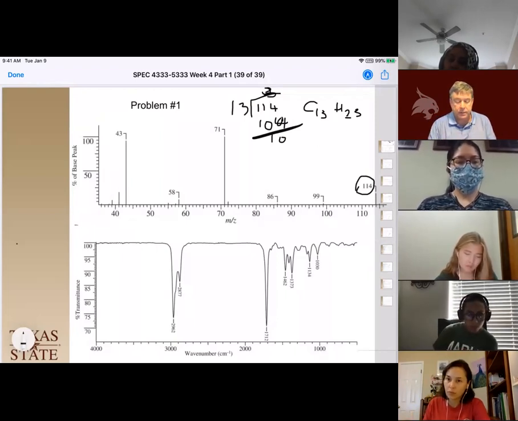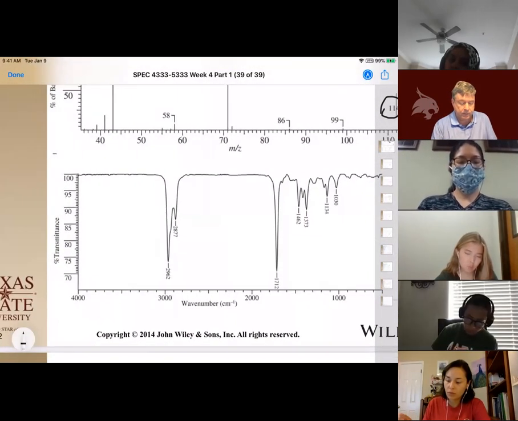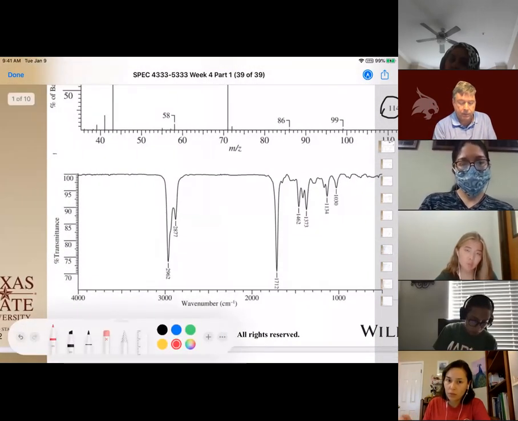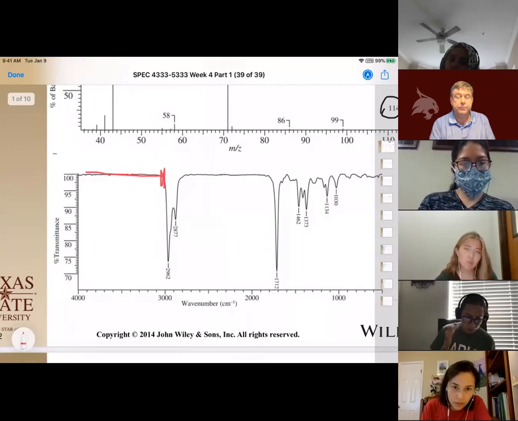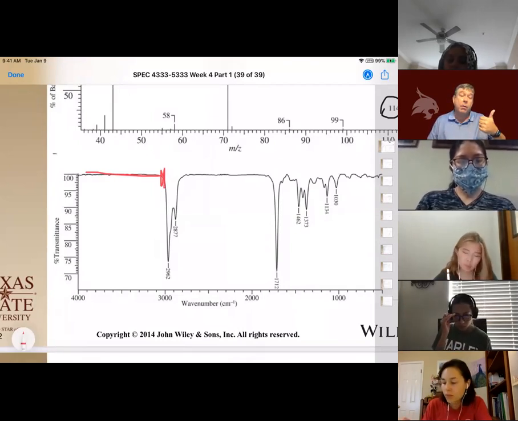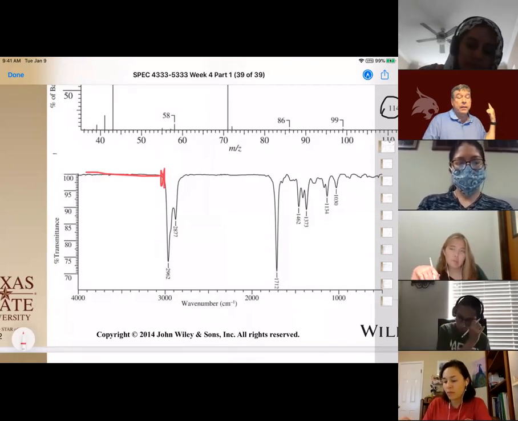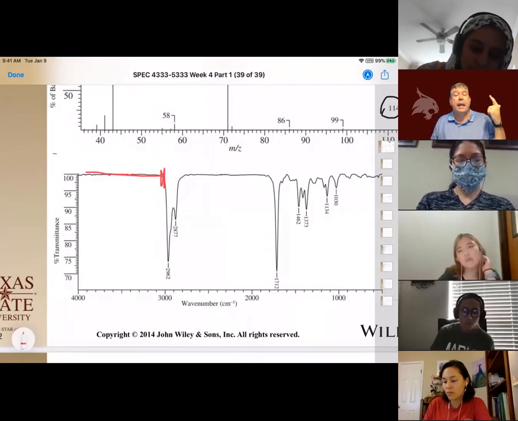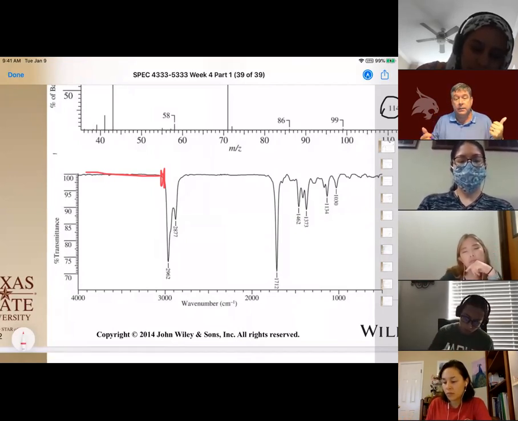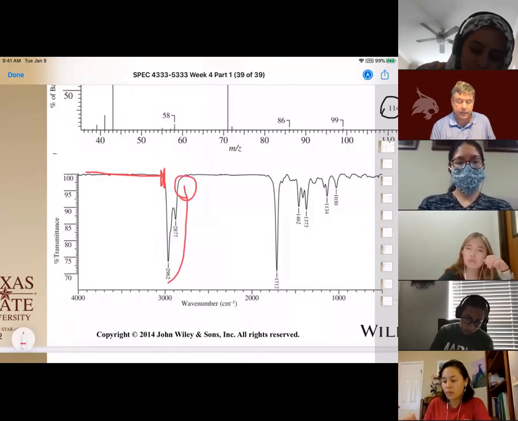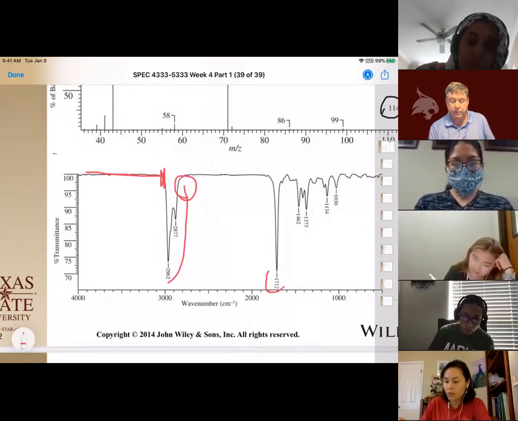And the first thing we notice in the IR is that, well, we have nothing above 3,000. So we're probably no alcohols, no amines, unless it's a tertiary amine, and no aromatic rings. So that's good. Looks like we have hydrocarbons here and we don't have an aldehyde. So, ooh, we have a peak here.